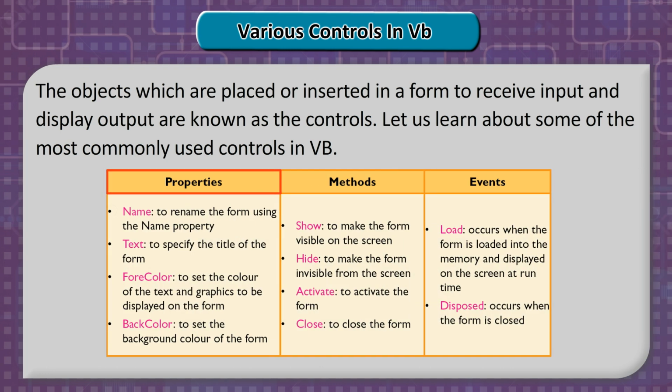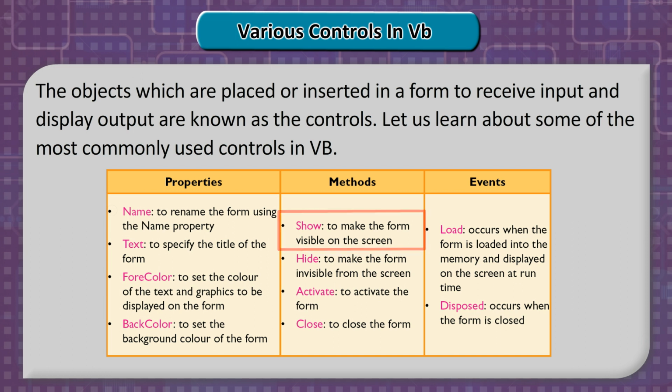Properties. Methods. Events. Name, to rename the form using the name property. Text, to specify the title of the form. ForeColor, to set the color of the text and graphics to be displayed on the form. BackColor, to set the background color of the form.